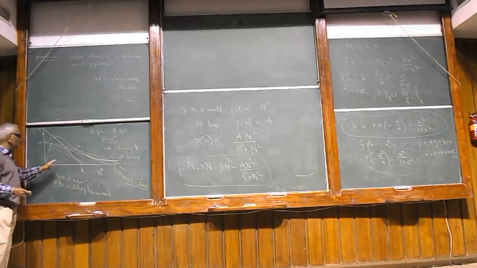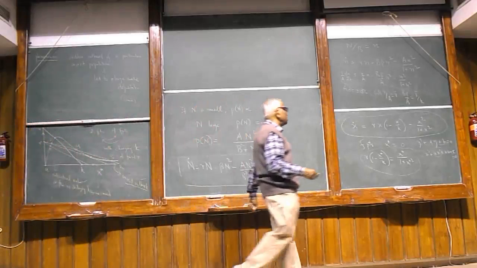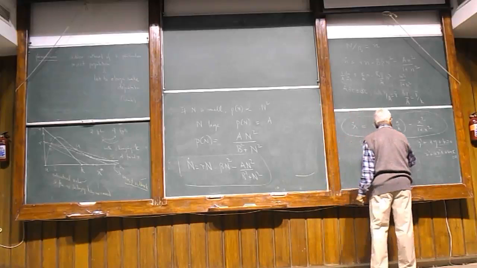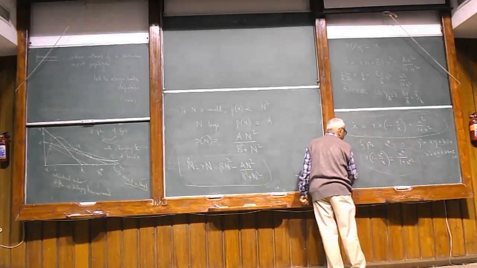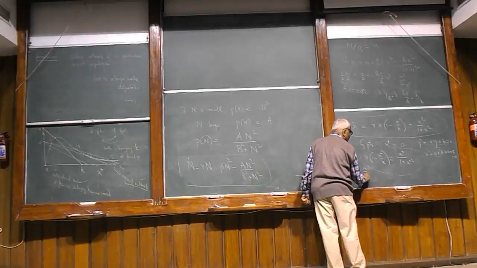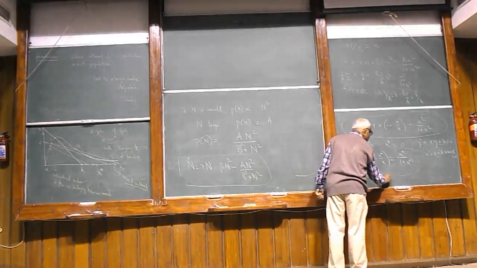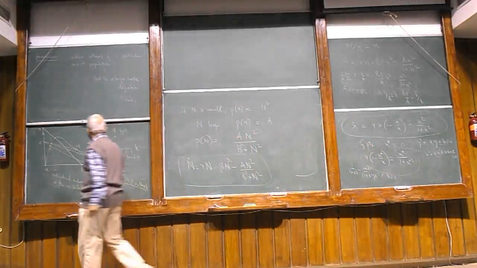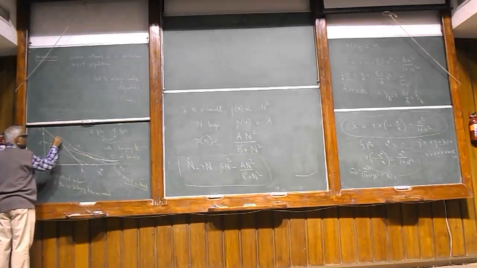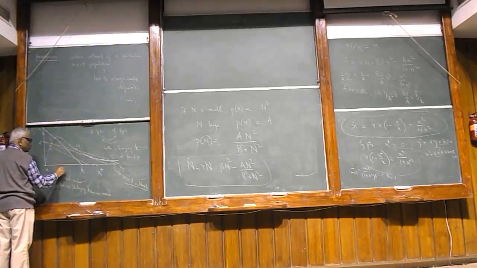As you can imagine, this curve, x star over 1 plus x star squared, has its maximum where 1 over 1 plus x squared minus 2x squared over 1 plus x squared whole squared equals 0, so x equals 1.